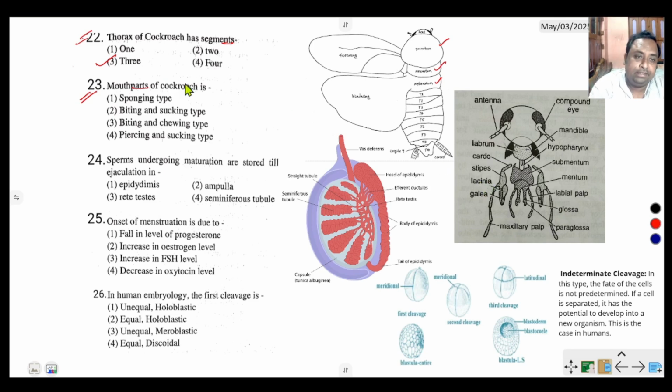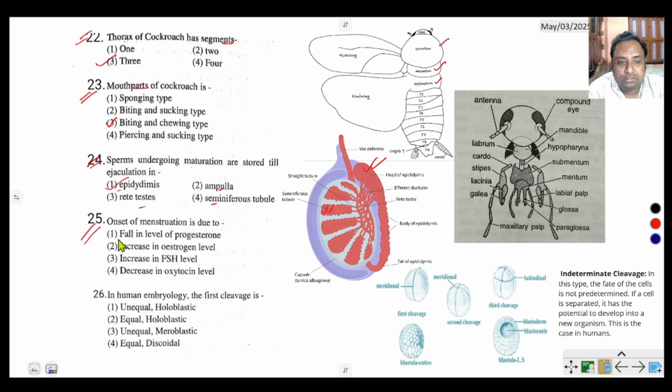So they are biting and chewing type. 24 number question, sperms undergoing maturation are stored till ejaculation in epididymis, ampulla, rete testis, seminiferous tubule. This is the testis and this is the seminiferous tubule. From the seminiferous tubule, the sperm are produced. After production, they are stored in the rete testis, then epididymis for further maturation. Answer is 1.